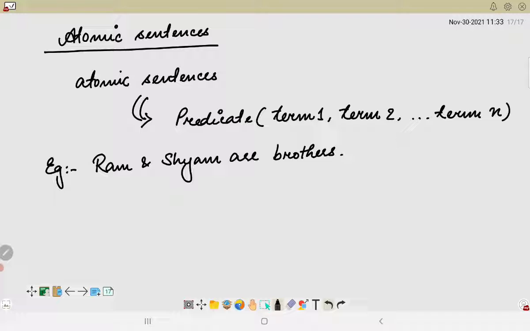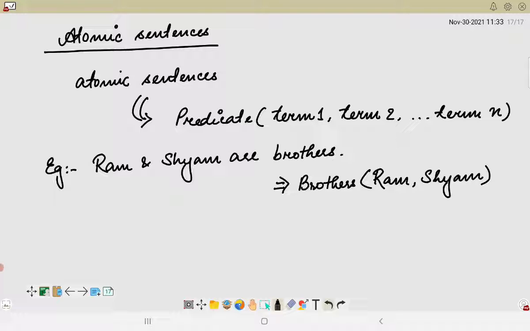So how do we represent this? We have to represent this using a predicate, which we will consider as brothers. And here we will use the two terms, which are Ram and Sham. So we have an atomic sentence saying that Ram and Sham are brothers.